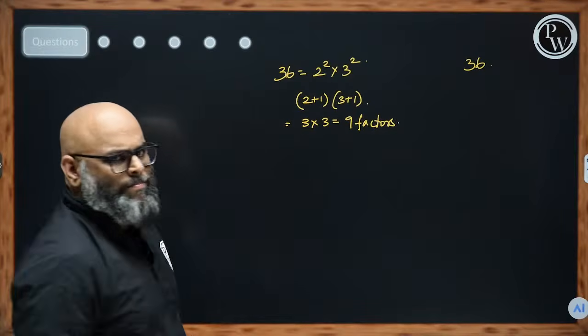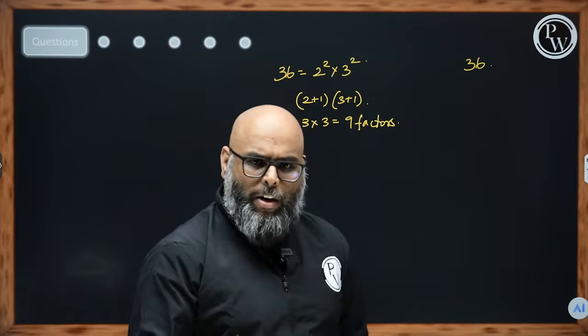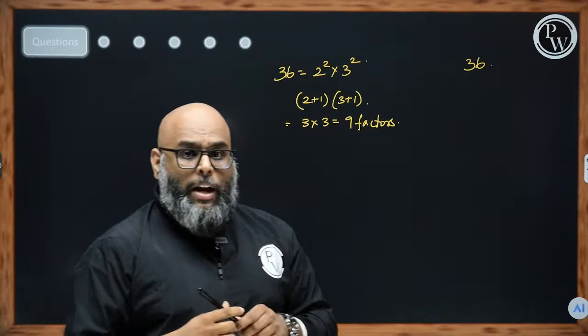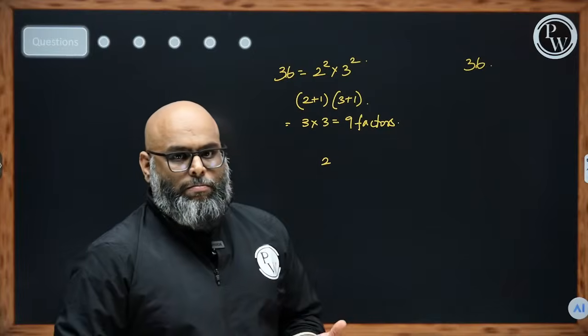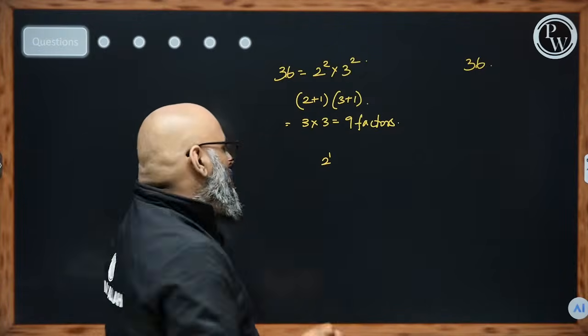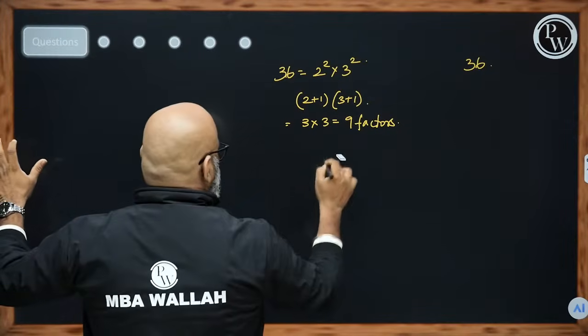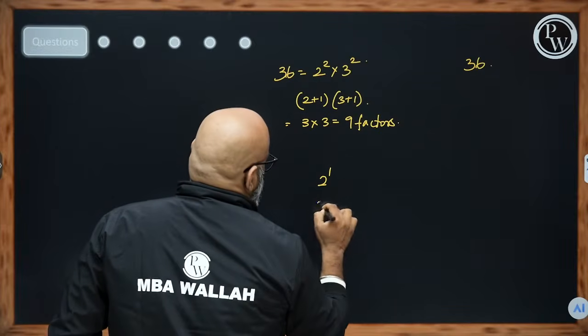Right? Simple. Let's do an activity now. So when you say 2 square is a factor, we understand that 2 is also a factor. 2 power 1 is a factor. When I say 2 power 1, 2 power 2 is also a factor. 2 power 1, 2 power 2.